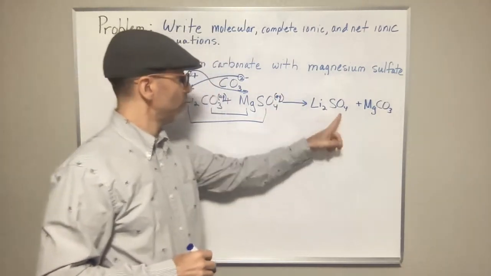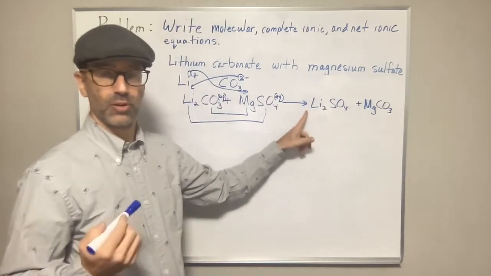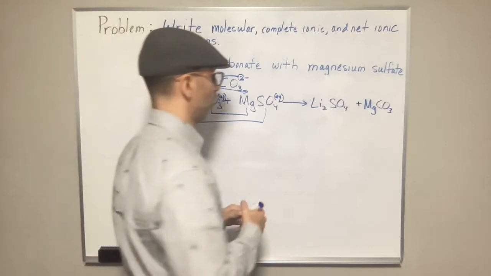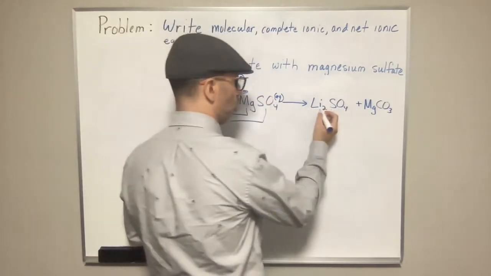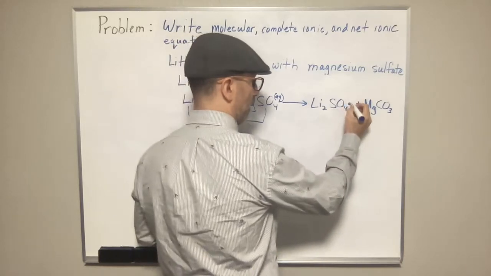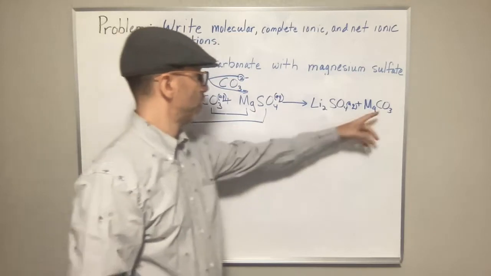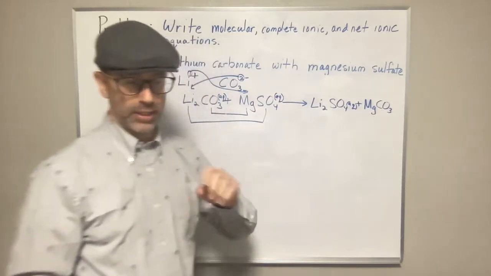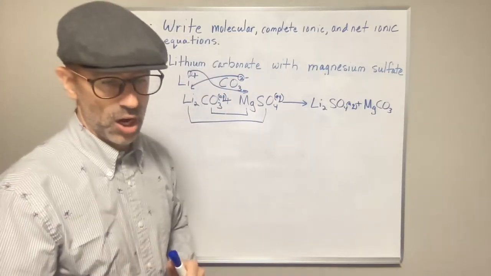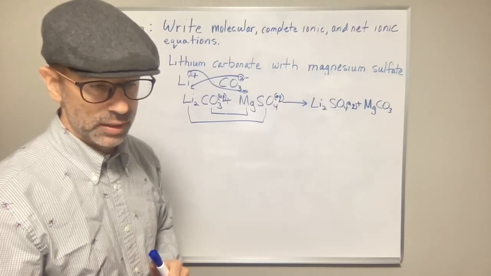Lithium sulfate, again, sulfates are soluble unless it's one of those exceptions. Lithium is not an exception. It is a group 1 metal, so that's going to be aqueous. And then we have carbonates. If we go back to our rule, let's double check.